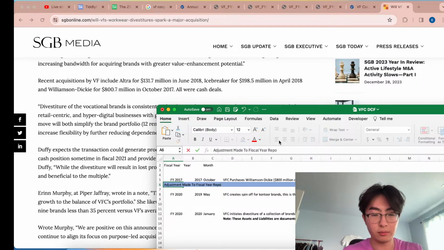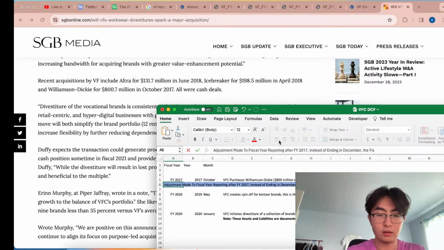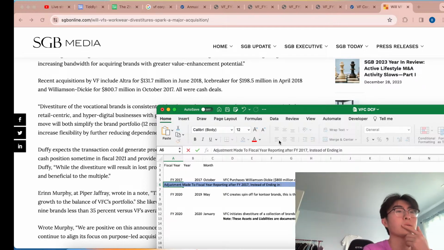Fiscal year reporting after FY 2017 instead of ending in December. I'm not too sure if it's ending in December or early.